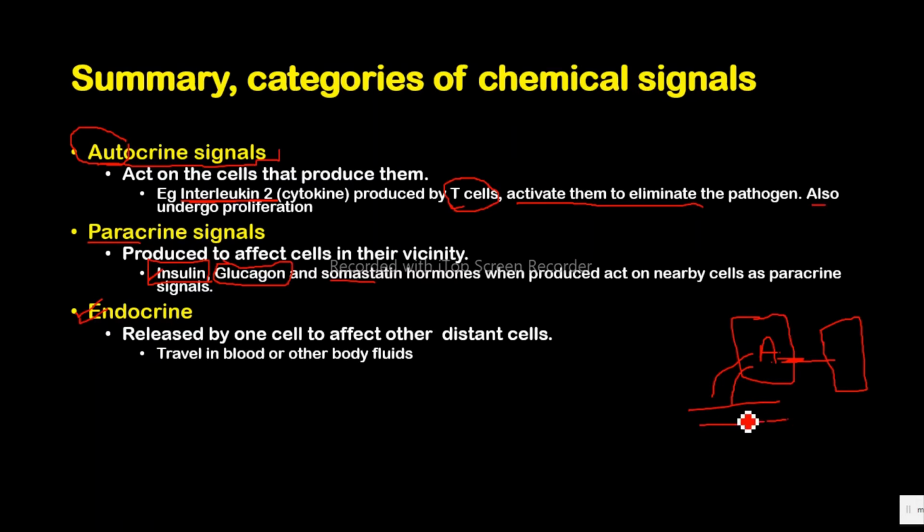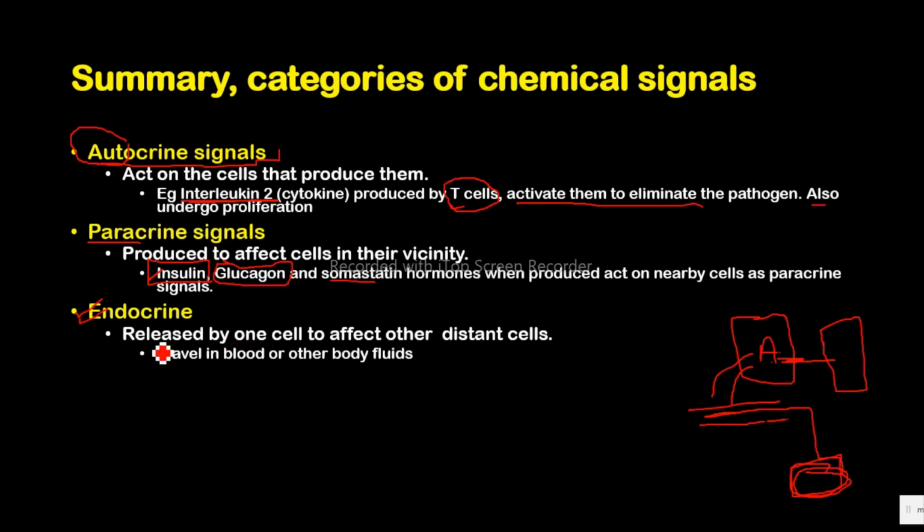And now it will be carried in this fluid to cell B. Maybe cell B is somewhere very far, and it will have the effect in this distant cell. So this type of signaling pathway, we call it the endocrine signaling, or the endocrine pathway. For example, most of these hormones that are common fall under endocrine.